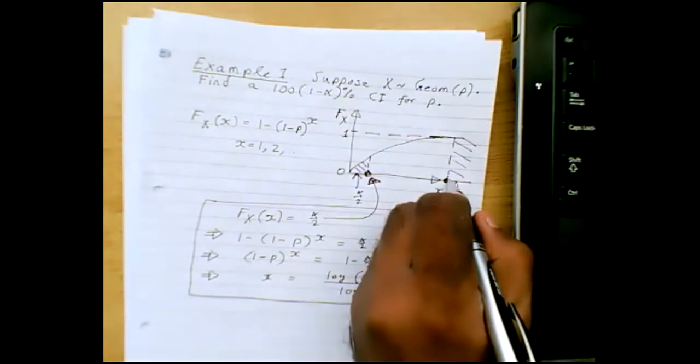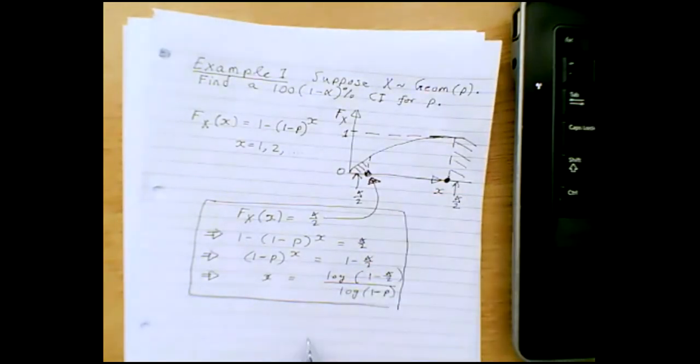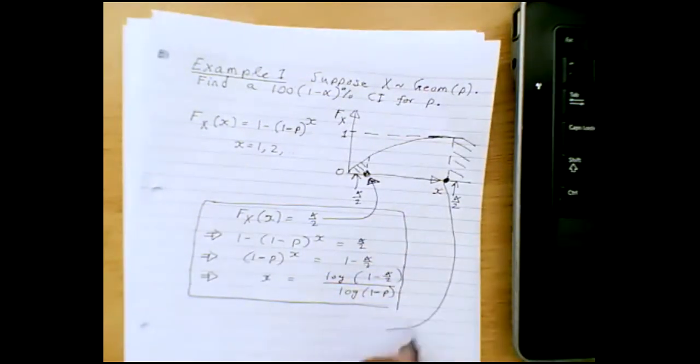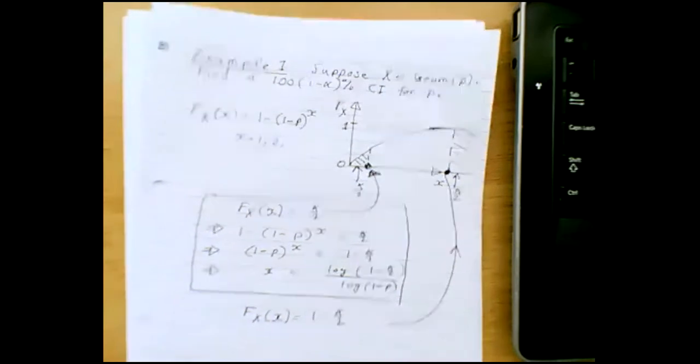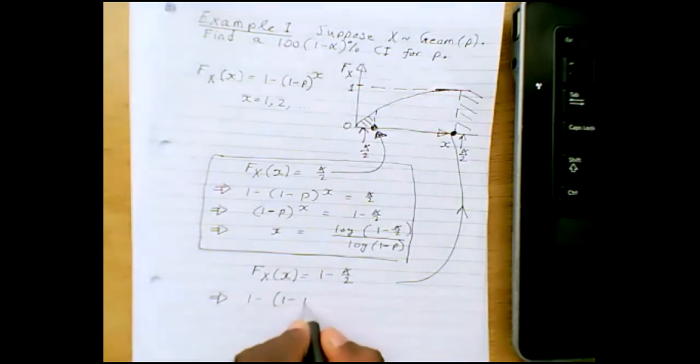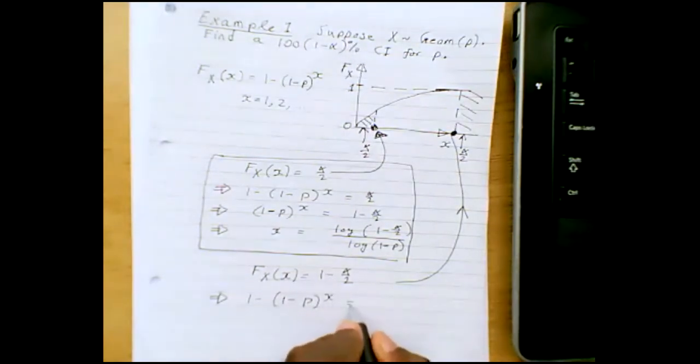And similarly, to determine the coordinate for this point, we need to solve this equation. So this implies that 1 minus (1 minus p) power x is 1 minus alpha by 2.